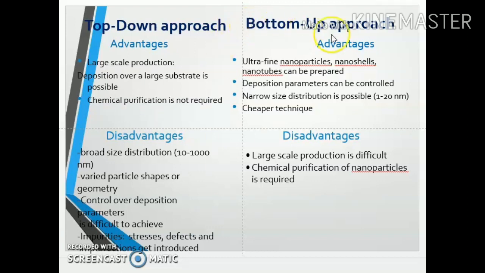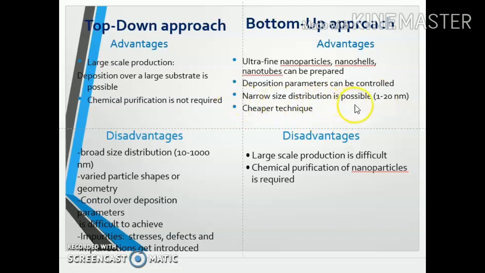On the other hand, the bottom-up approach has some advantages. Ultra-fine nanoparticles, nanoshells, nanotubes can be prepared easily using the bottom-up approach. Second advantage of the bottom-up approach is that deposition parameters can be controlled properly in a properly monitored atmosphere.